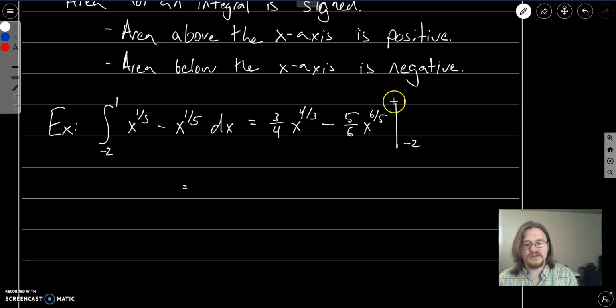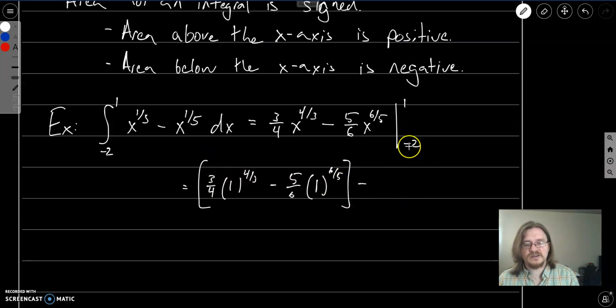So if I plug in the 1, I'm going to get 3/4 times 1 to the 4/3 minus 5/6 times 1 to the 6/5. I've plugged all that in, and now I'm going to subtract what I get when I plug in -2.